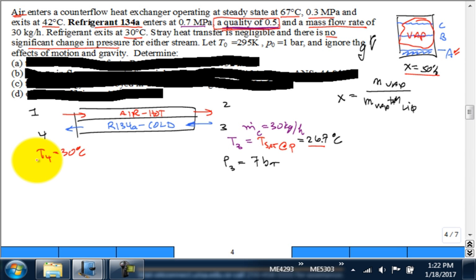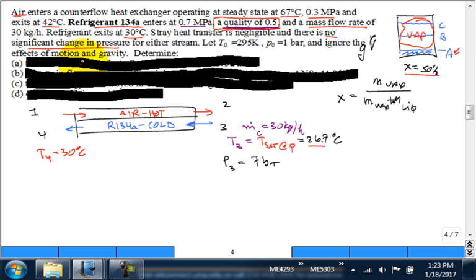State 3 was a two-phase saturated liquid-vapor mixture. All right, so what about state 4? It is superheated vapor. Is that true? All right, very good.